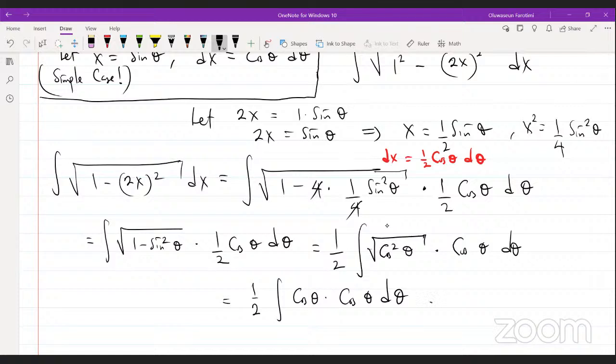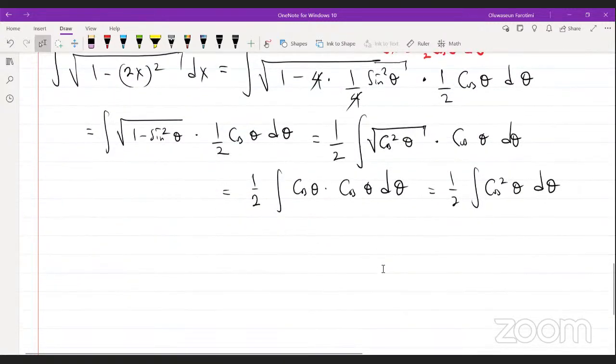What do I know, guys? This is a 1/2 integral of cosine squared theta d theta. So far so good. I've been able to drive my problem to a point, but I'm still not done. I need to be able to find an answer.